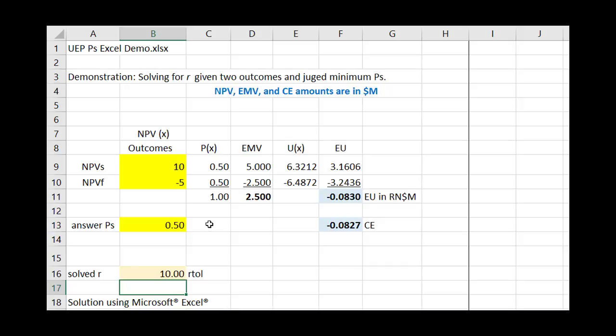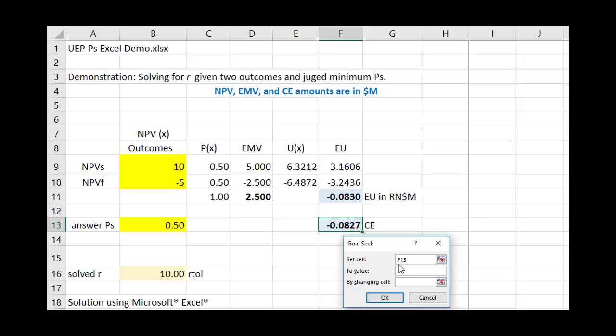In this PS type question, the decision maker would assess what P sub S would be the minimum probability of success before he or she would be willing to approve the project. At that point, CE becomes positive, or EU becomes positive. We can look at either one. So to find the R that gives us a positive CE, let's go ahead and use the goal seek function in Excel.